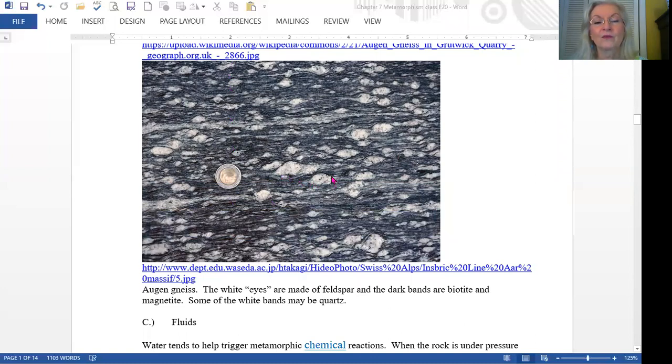So they describe these large eye-shaped white minerals as giving it its distinctive look. It's black and white. Usually a black and white metamorphic rock is a kind of gneiss. If it's black and white, but the white has been rolled up into ball shapes, it's Augen gneiss.